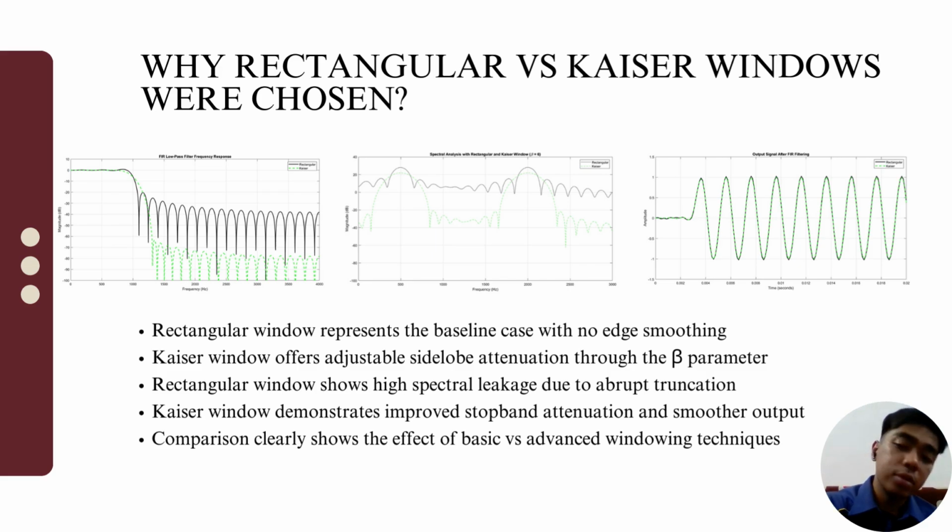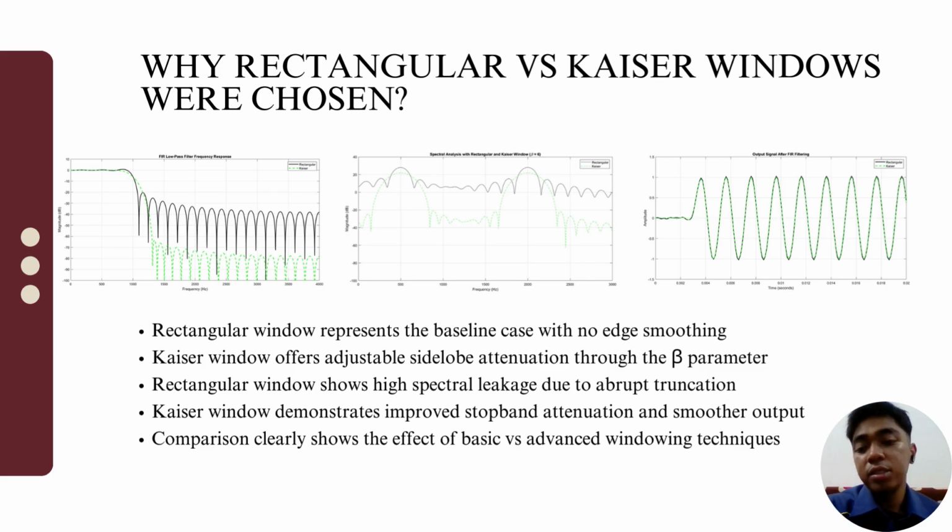In this second figure, I will explain the frequency response analysis. You can see the black solid line is the rectangular window and the green dashed line is the Kaiser window. For the two major observations, we can see the transition width and the stop band attenuation.